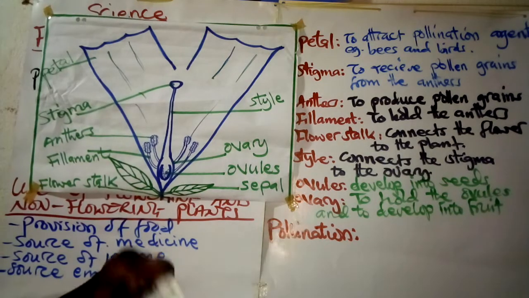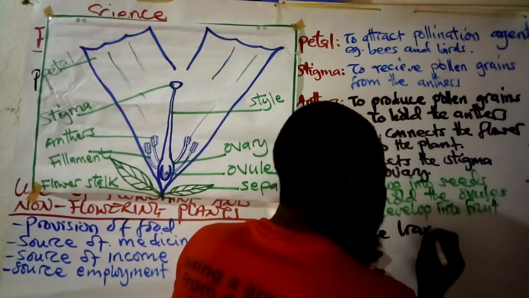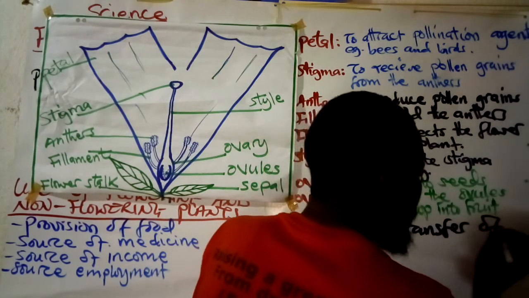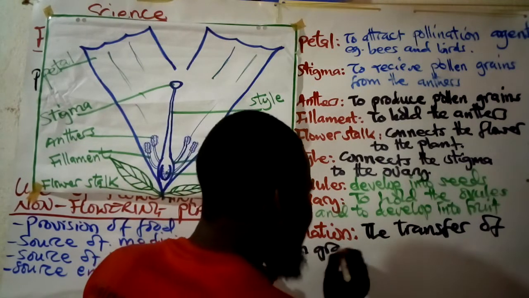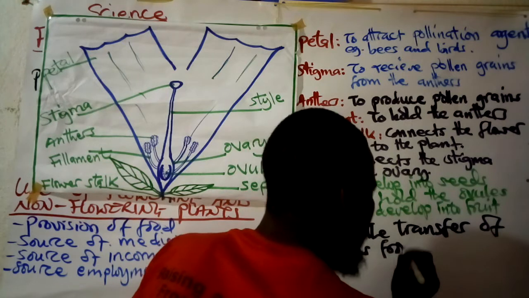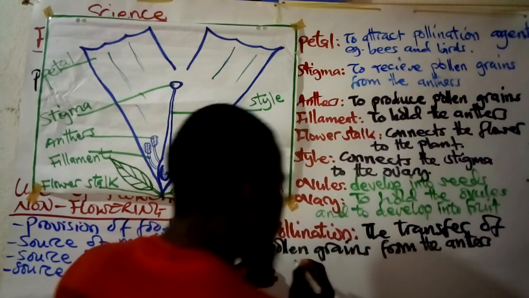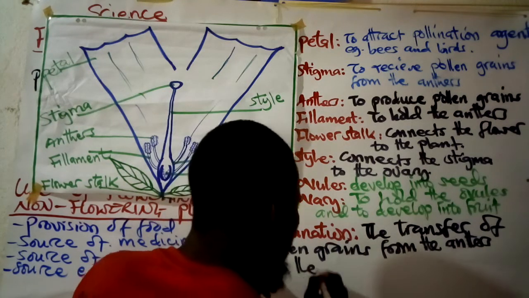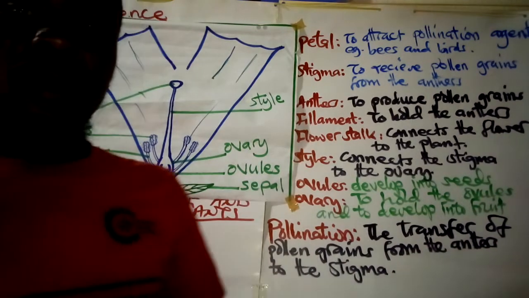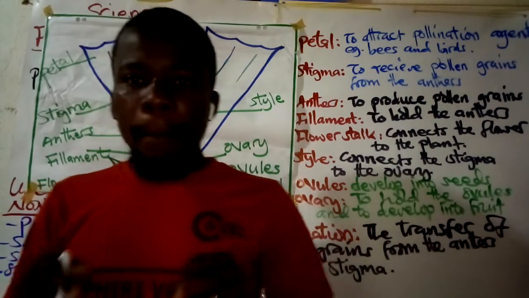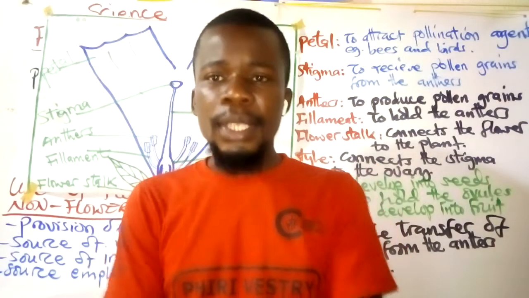Pollination. What is pollination? Pollination means the transfer of pollen grains from the anthers to the stigma.